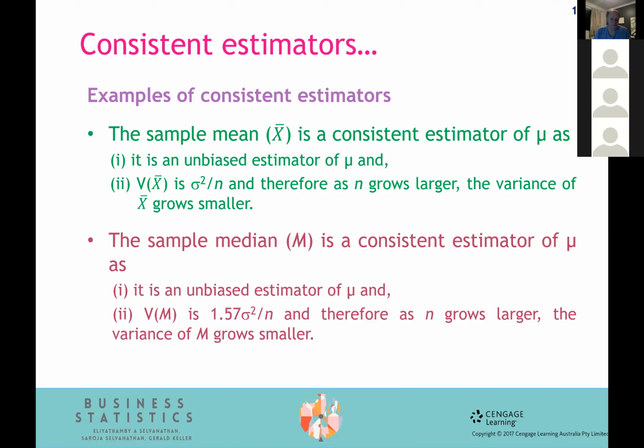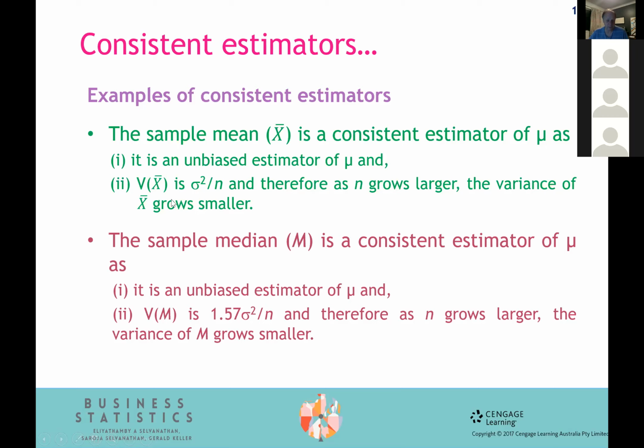Now if you look here, for the sample mean, we know that the variance of X bar is the variance divided by N. Therefore, as N grows larger, this variance will get smaller. And the same with the median.